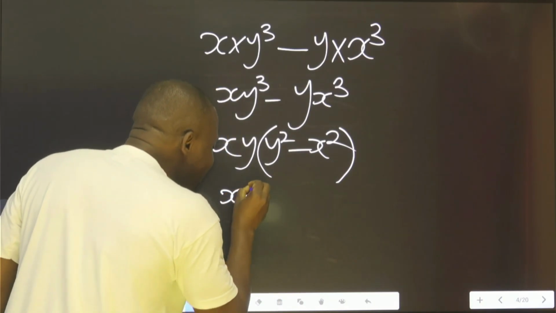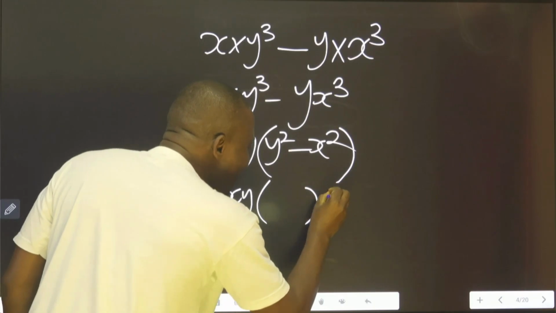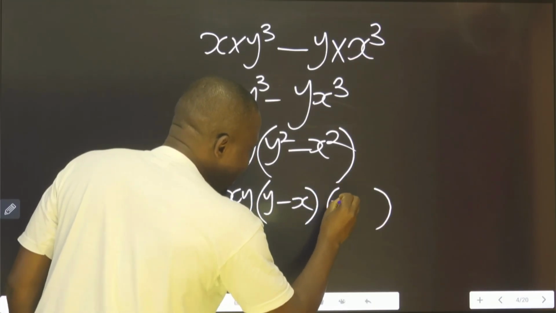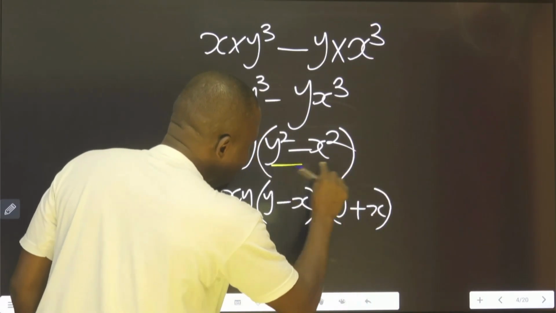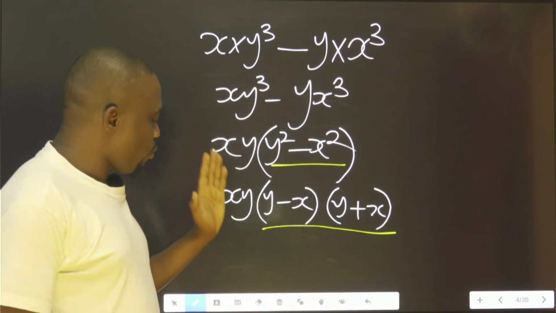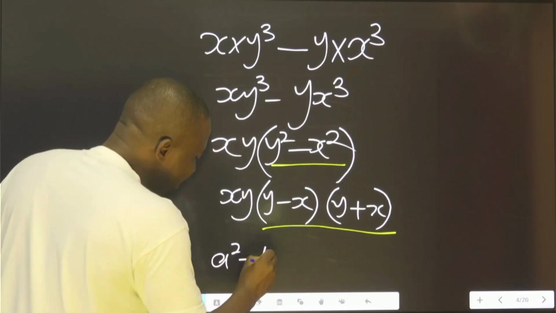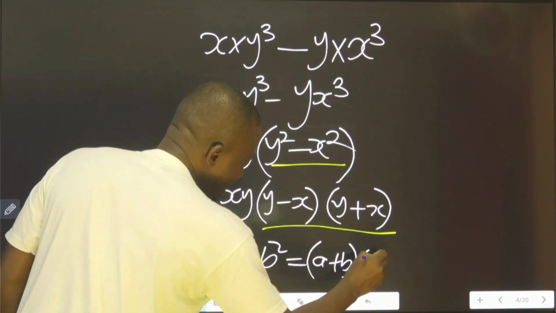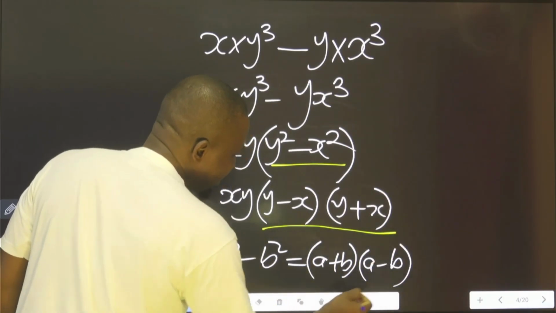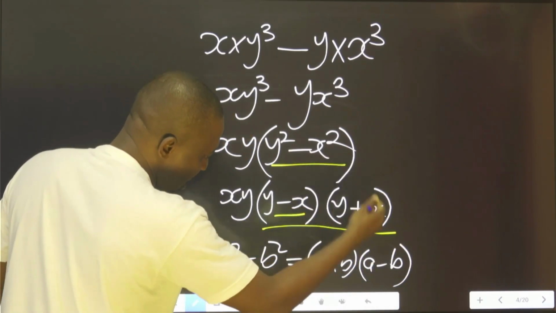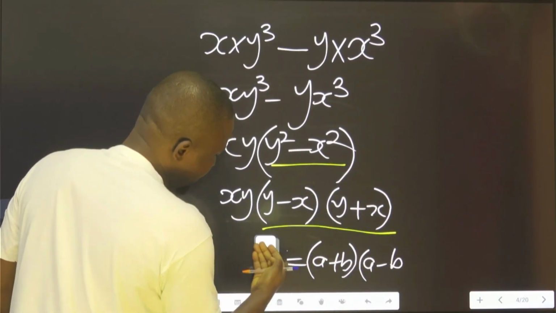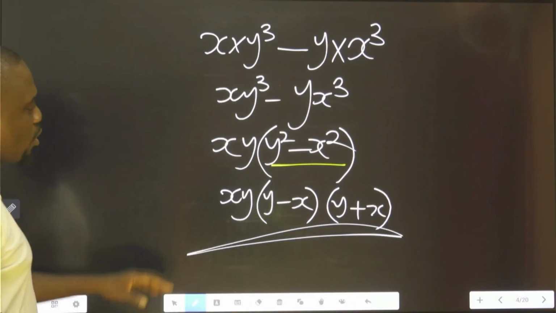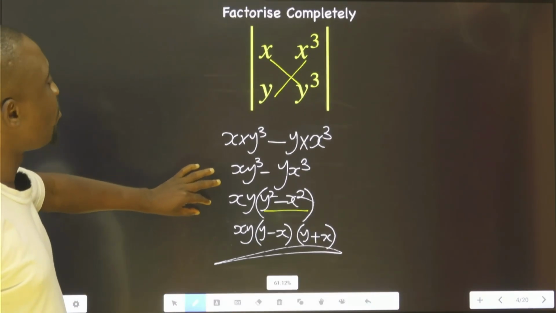If you have been around for a long time, you will agree with me that whenever you have anything like this, it's always (a plus b)(a minus b), or you write (a minus b)(a plus b). Either way, you are correct. So this is the final answer, because we are asked to factorize completely.